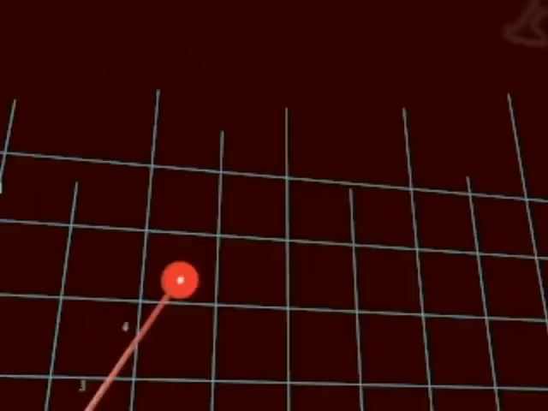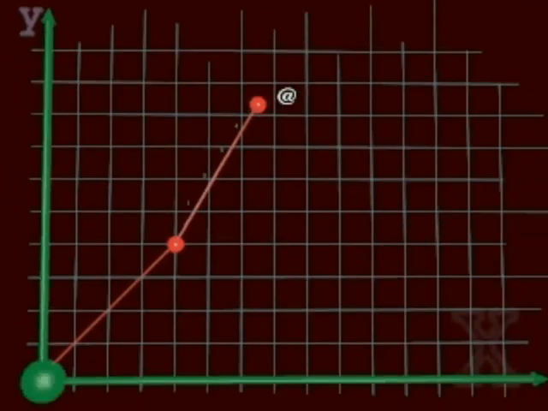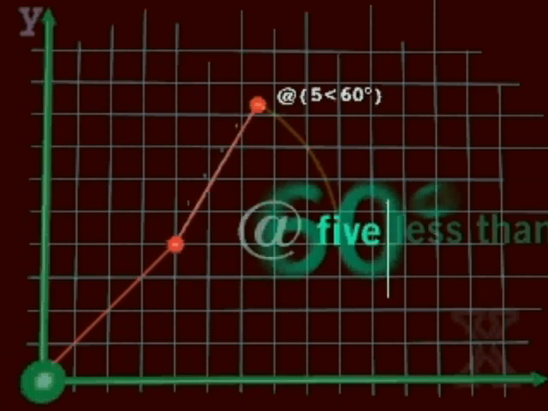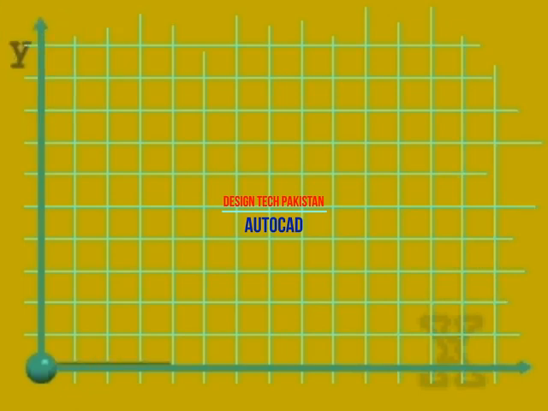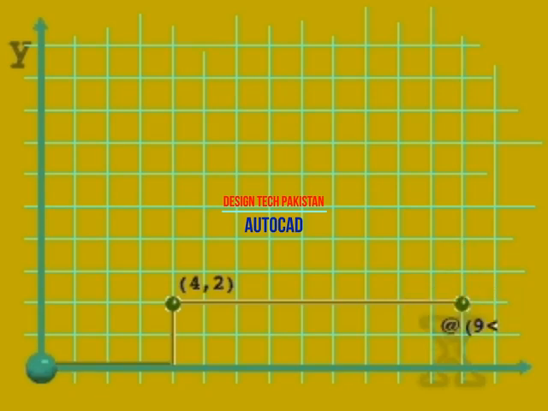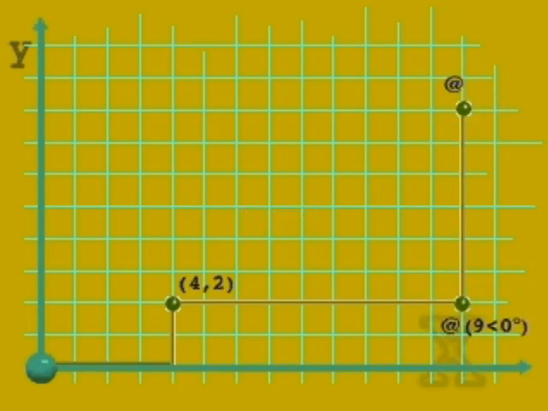You enter relative polar coordinates by typing an @ sign, a distance, a less than sign, and an angle. Setting an initial point with absolute rectangular coordinates and continuing with relative polar coordinates is often an efficient method of drawing wall lines and other architectural components.